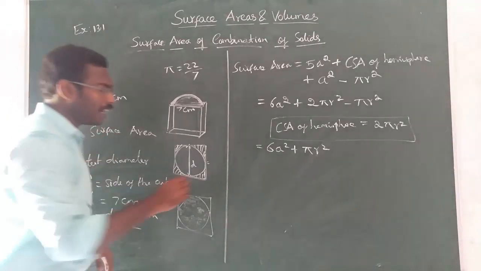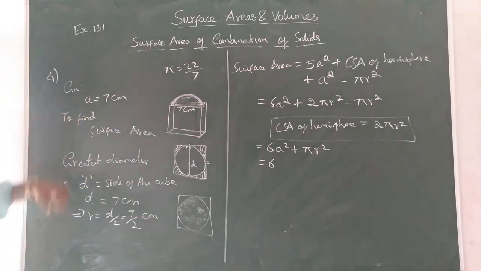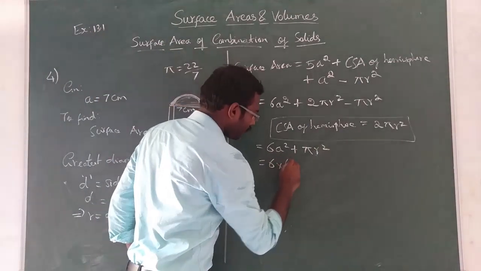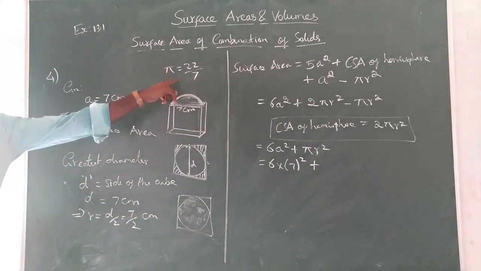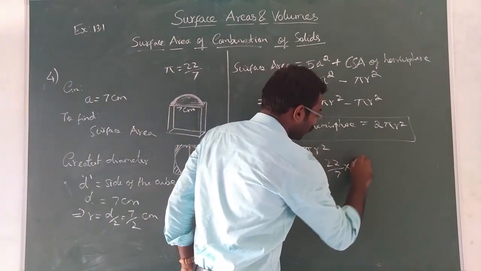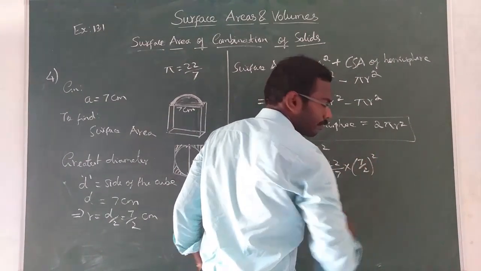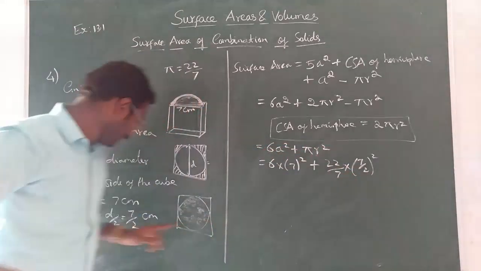Now shall we apply the values? That is equal to 6 into a value is 7. So 6 into 7 square plus pi value you have to take as 22 by 7. So 22 by 7 into 7 by 2 whole square. Understood or not? So it is pi r square, na. So r is 7 by 2.